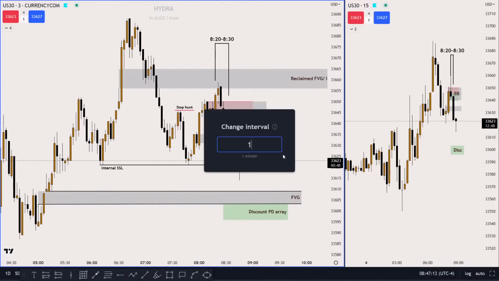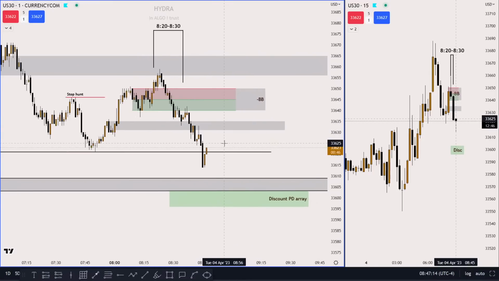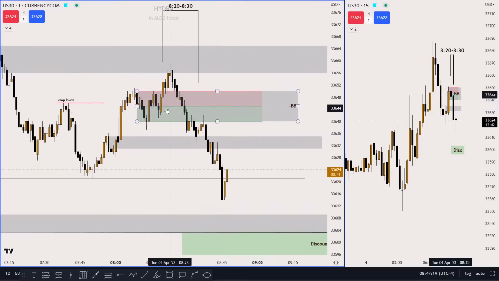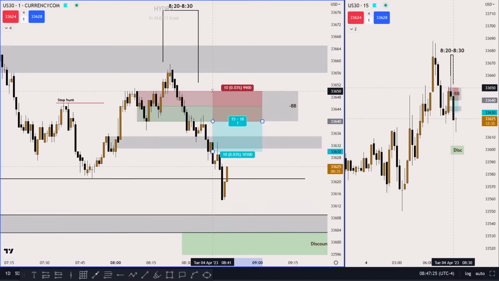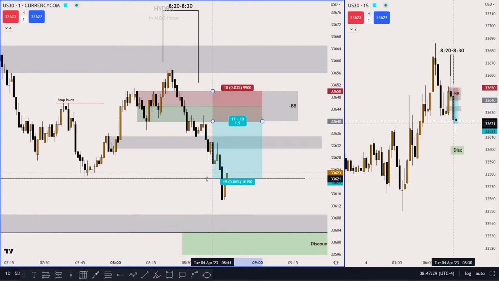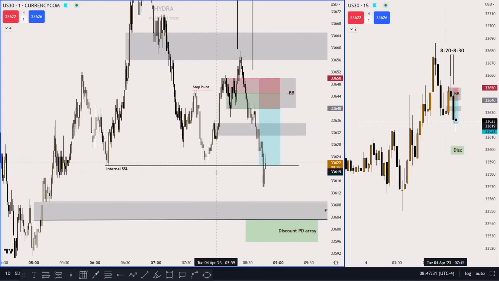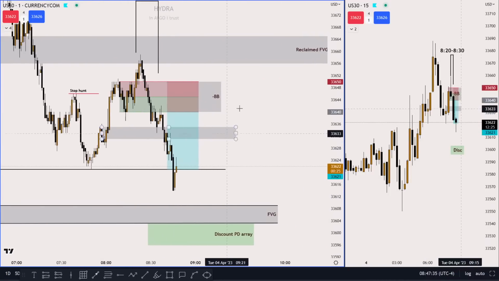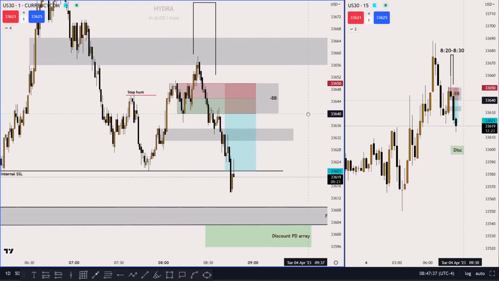So if you entered in this retracement, let's measure what our risk to reward is. If you were putting your stop loss above the breaker block, that's a 2R at the place where I'm telling you to take a partial.